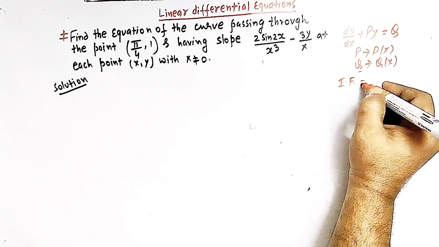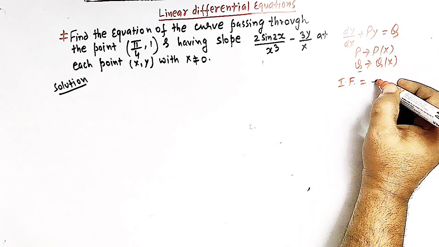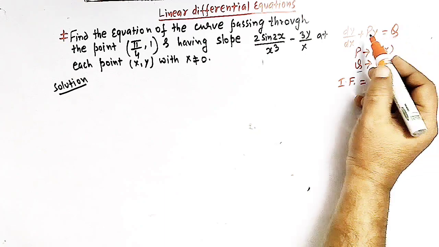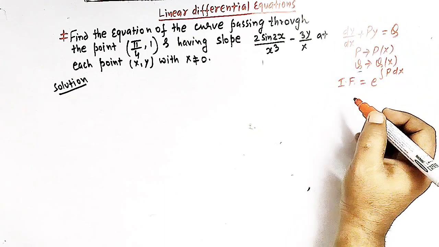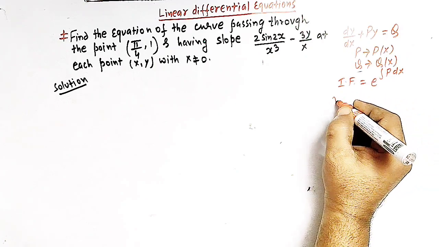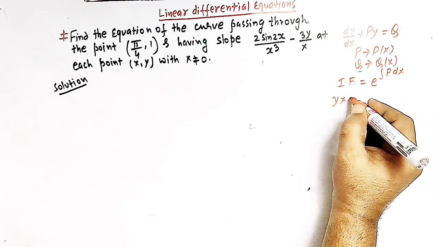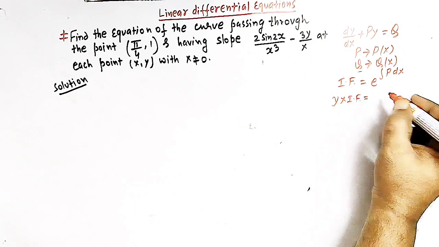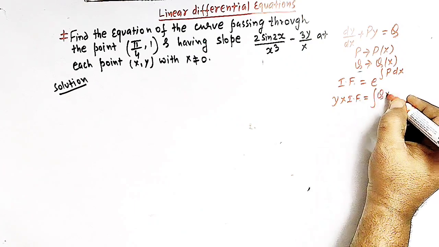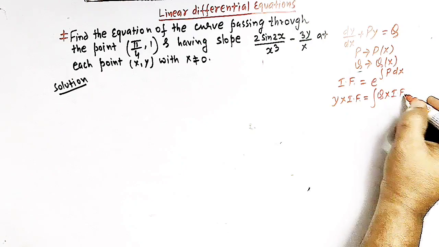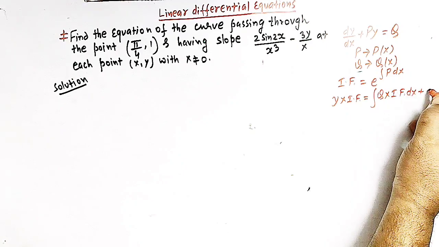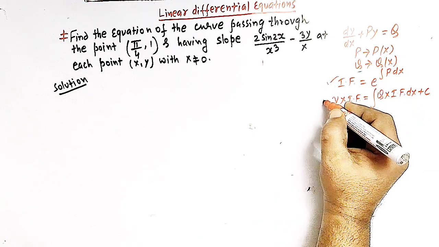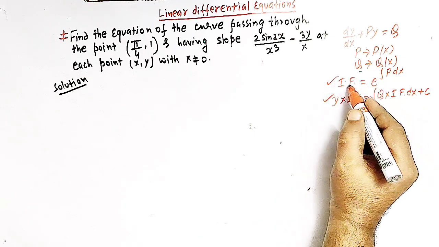So the integrating factor of this type of equation is given by e raised to integral p dx, and the solution of this type of linear differential equation is given by y times integrating factor, that is y times IF, equal to integral q times integrating factor plus c, where c is the constant of integration, right? So these two important concepts are there.